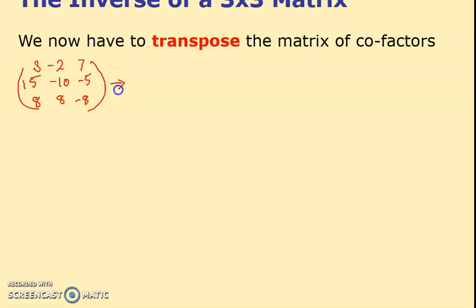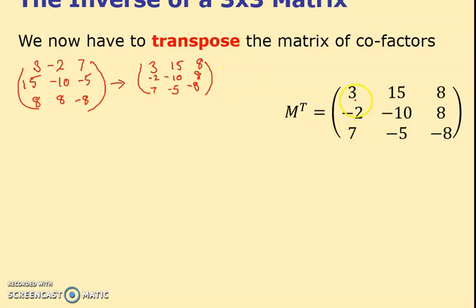And when I transpose it, if you remember, the diagonal stays the same. 3, minus 10 and minus 8. But the ones that go across now go down. Minus 2, 7. Then it goes 15. And the ones that go down go across, so you can kind of go 15 and 8. And it won't surprise you that that 8 goes there and that minus 5 goes there. I think I've done that right. That is the transposed matrix. And they look as if they're right.